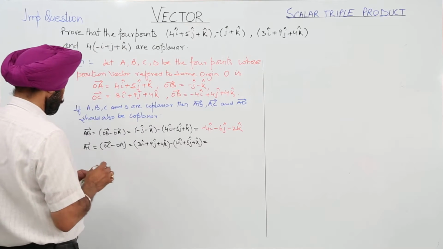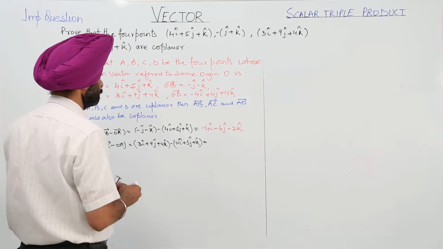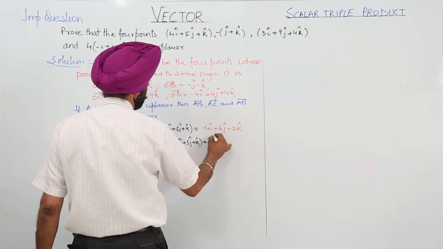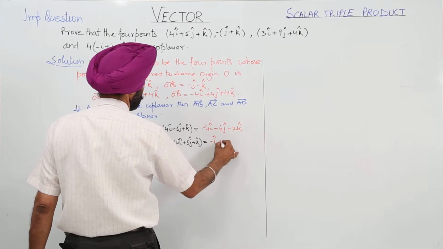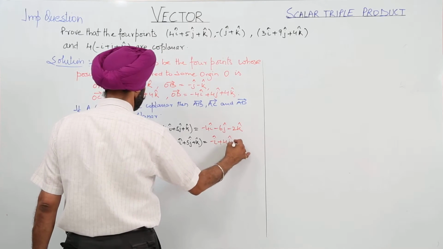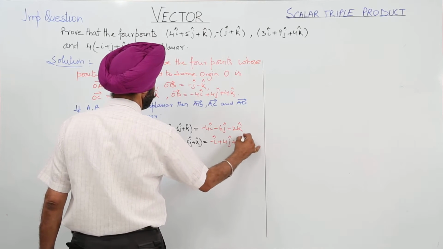Now this is equal to 3 minus 4, that is minus i cap plus 4 j cap plus 3 k cap.